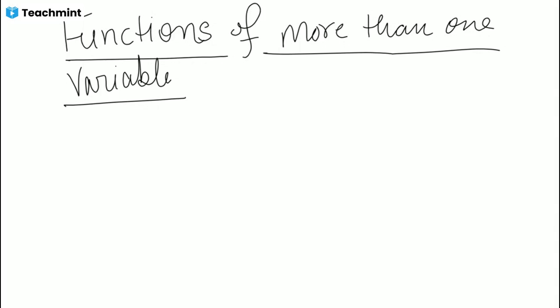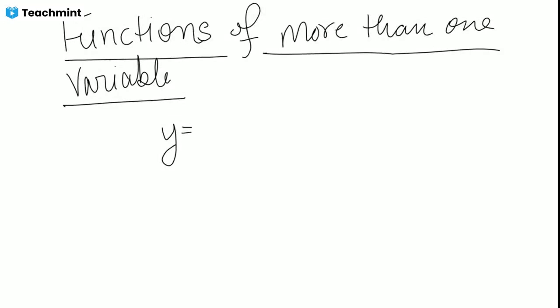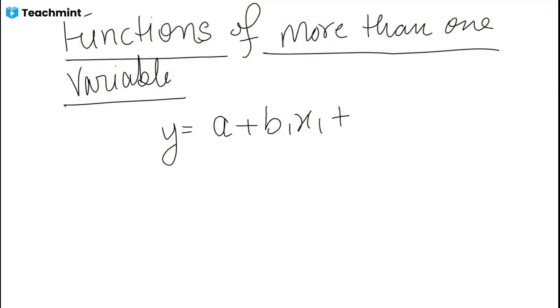So y is a function of two variables, or we can have three variables, or n variables also. Here we are using two variables: first a constant term, then b1 x1 plus b2 x2.